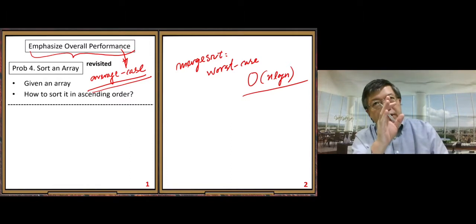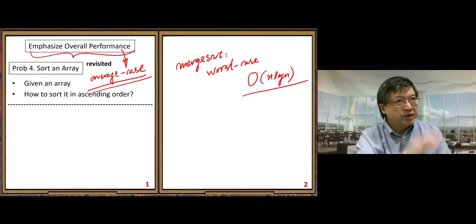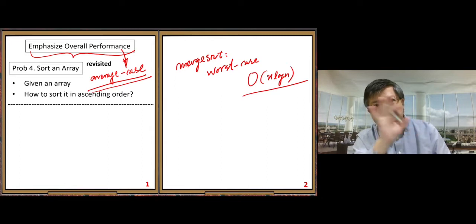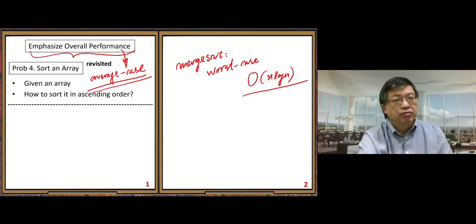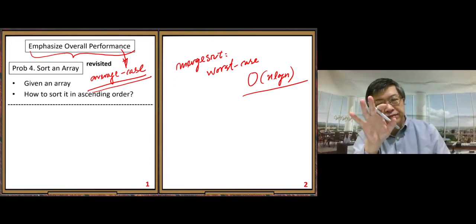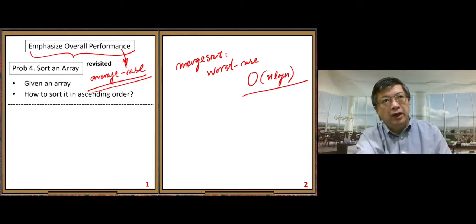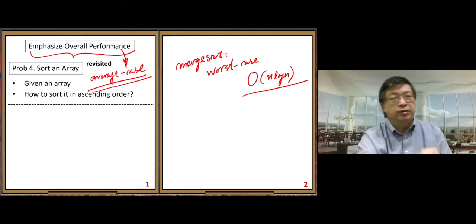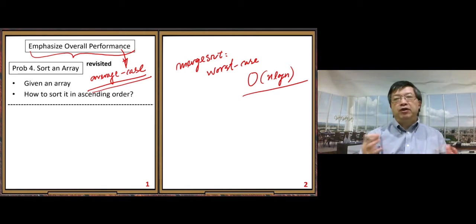So if you want to use some sorting algorithm whose worst case is under control, not very bad, pretty close to the average case, well under control, then you should choose the merge sort. But now our focus is different.